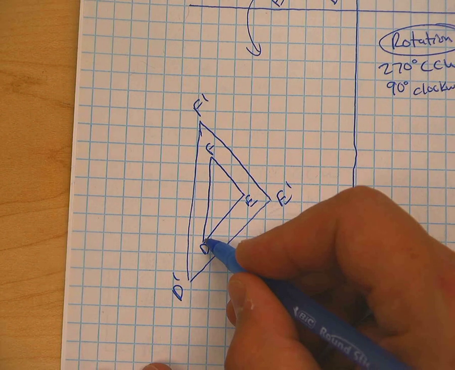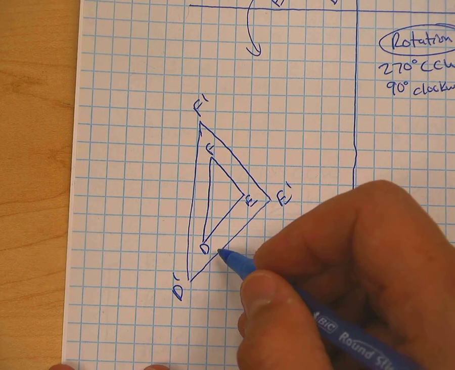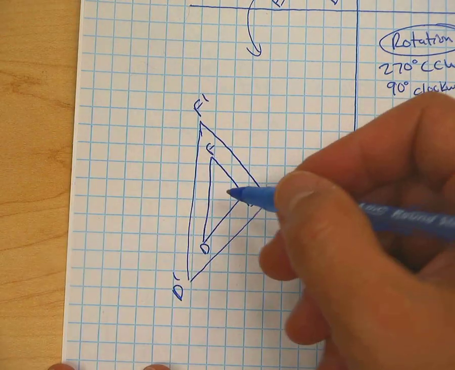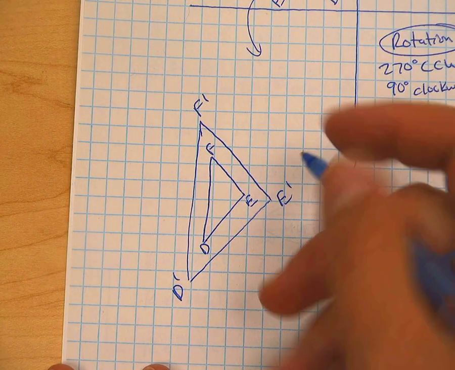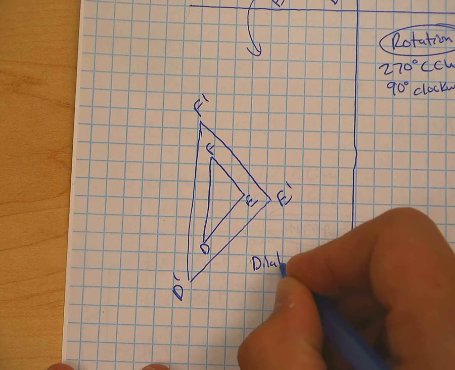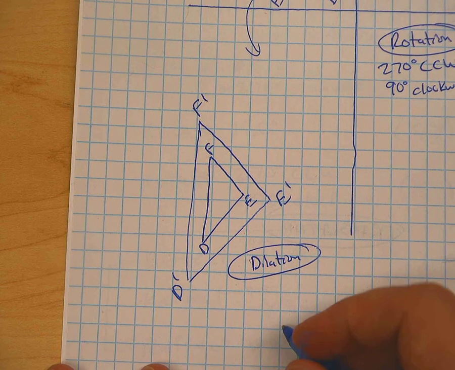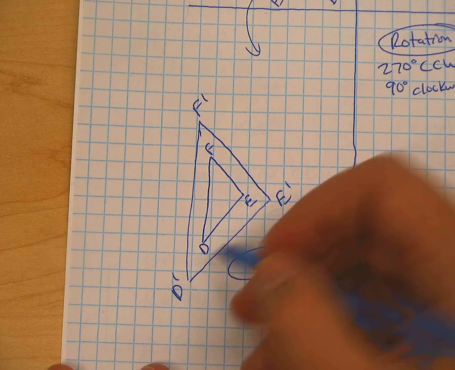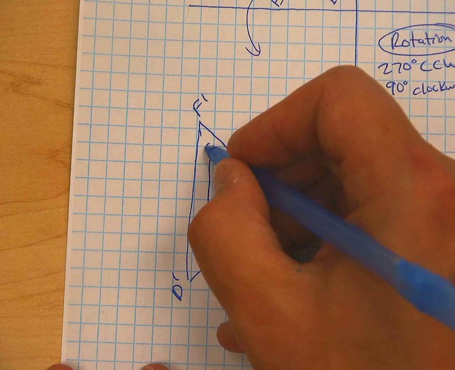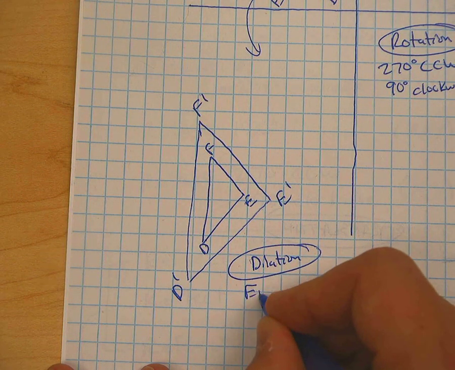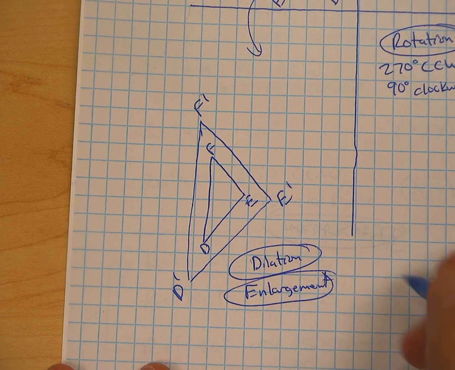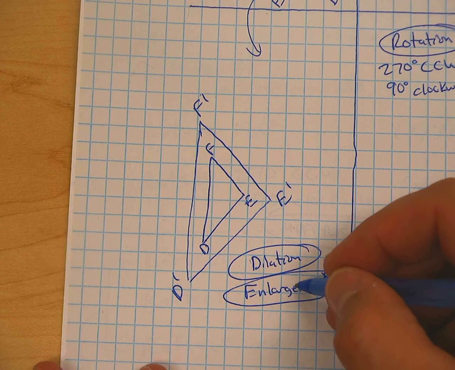So you can see right here, we need to know what type of transformation this is. Well, it didn't really move, slide, it didn't flip over, it didn't turn, so it's got to be a dilation. Specifically, it's actually going to be getting bigger because D is going to D prime, E to E prime, and F to F prime, so it's an enlargement. So it's a dilation that's also an enlargement.